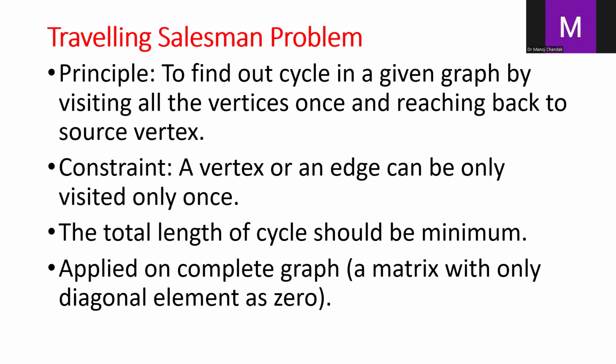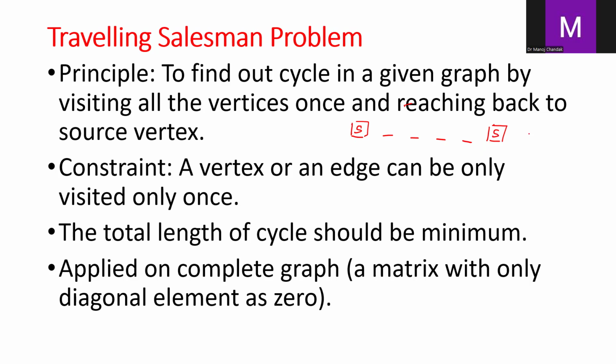So in this problem, the idea is to find a cycle in a given graph by visiting all the vertices of the graph once and again coming back to the source vertex. It's basically a kind of circular linked list which starts with a source vertex, visits all the vertices of the graph, and again ends back at the source vertex.